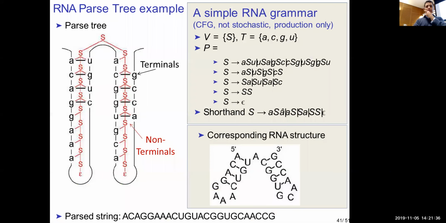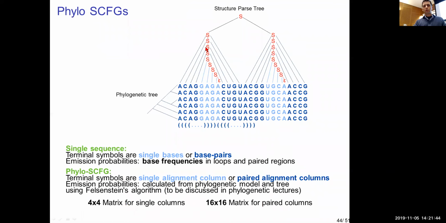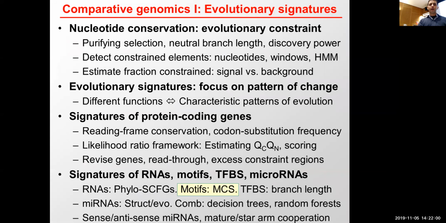So we can build these phylogenetic stochastic context-free grammars that basically generate these production rules with different probabilities. And these production rules basically produce pairs of columns of the alignment that allow you to infer these evolutionary signatures for non-coding RNAs. We were able to use that to discover many new RNA structures and many new RNA families.